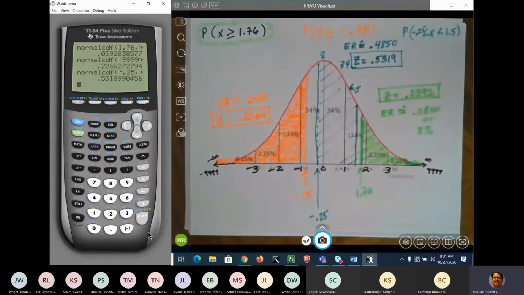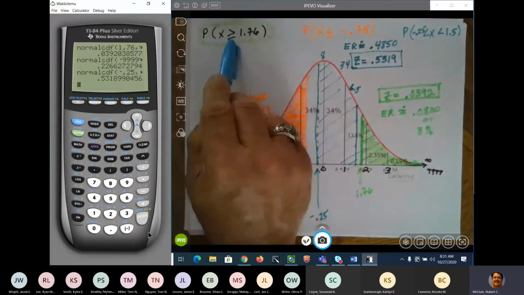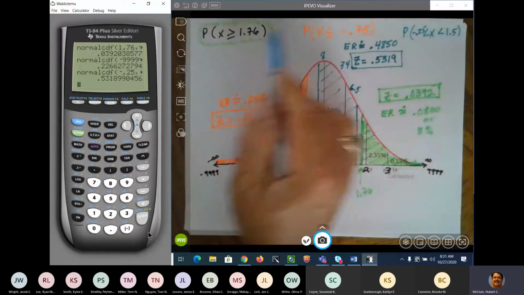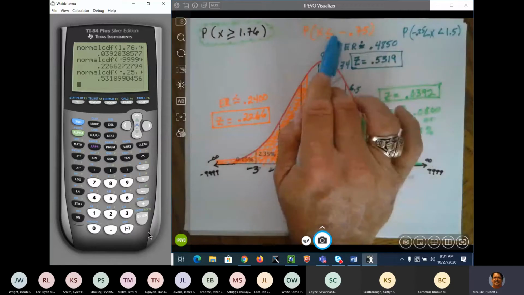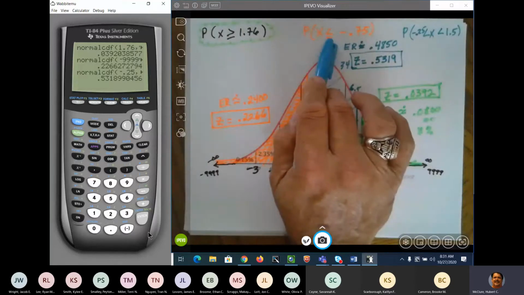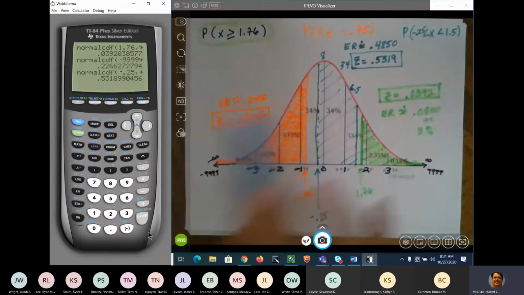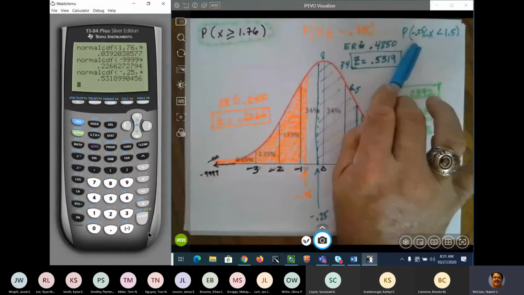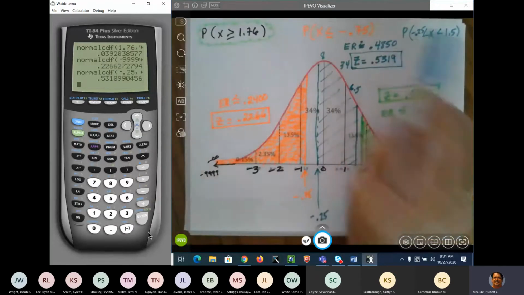Okay, so that's 3 problems that you're going to see either in 7.1 or the first part of 7.2. You're going to have one that asks you for anything above. You're going to have one type of question that'll ask you for anything below. And then you'll also have a question that will ask you in between.